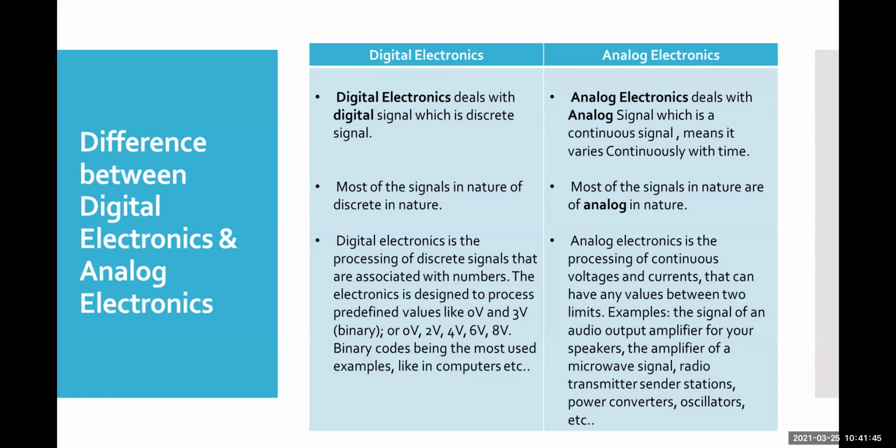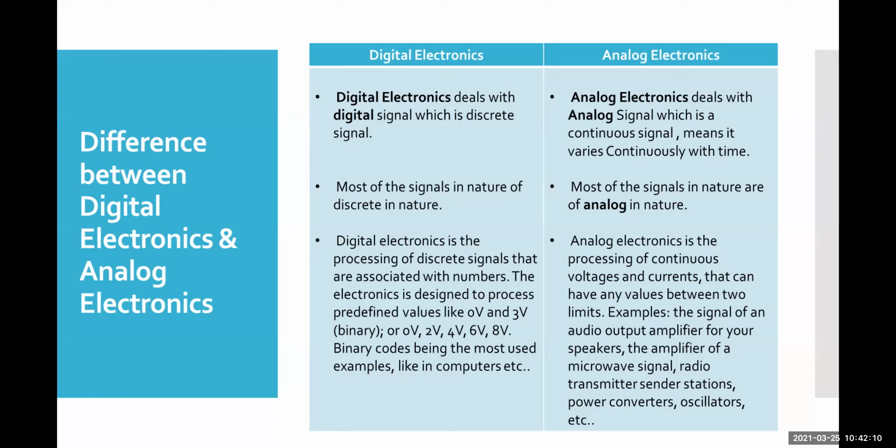So I will associate 0 voltage as a 0 value and 3 voltage as a 1 value. You can also take another example like 2 voltage, 4 voltage, 6 voltage or 8 voltage. So maximum voltage will be associated with the value 1 and minimum voltage is associated with the value of 0. So using this voltage you can create the discrete graph, and that is digital electronic system.